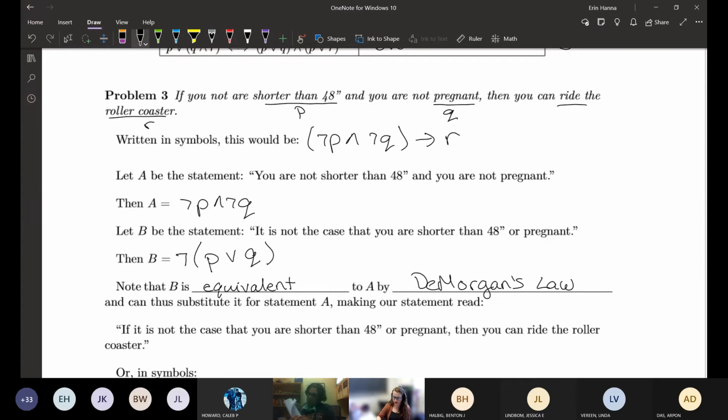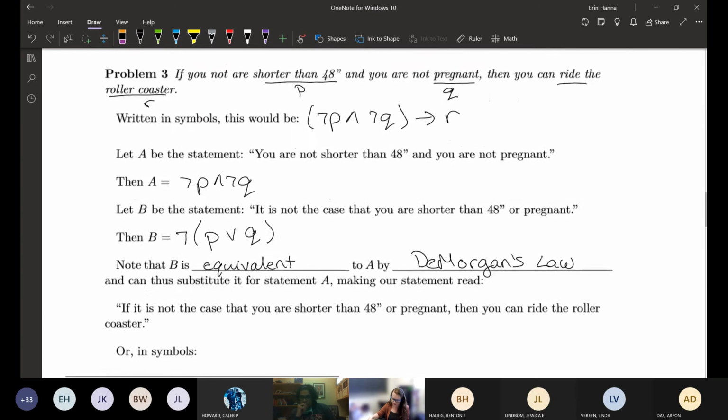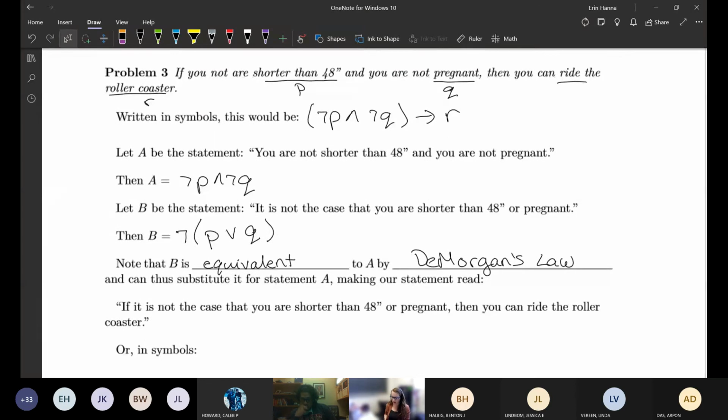So essentially we were kind of taking the original statement A and pulling the negation out of it. That can happen too. But those statements would be equivalent. So I could also, for this entire thing that I was trying to say, say: if it is not the case that you are shorter than 48 inches or pregnant, then you can ride the roller coaster.